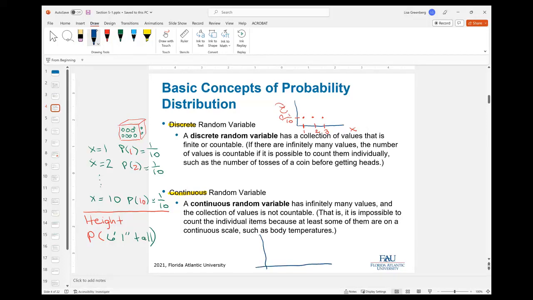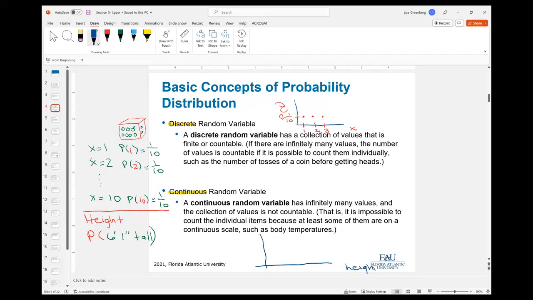okay, we'll call this height. And we can call this the probability of X, right? And in reality, this is going to look like my bell curve. Oh, let me draw a better bell curve.